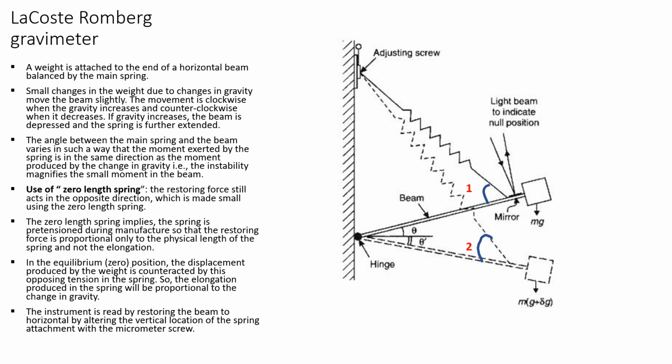In the same way, when the weight decreases because of a decrease in the value of gravity, the movement is in the counterclockwise direction, and the displacement in the spring is also in the same direction. So what we see here is the instability which is introduced by the main spring. It increases the displacement which is produced by the small changes in the value of gravity.